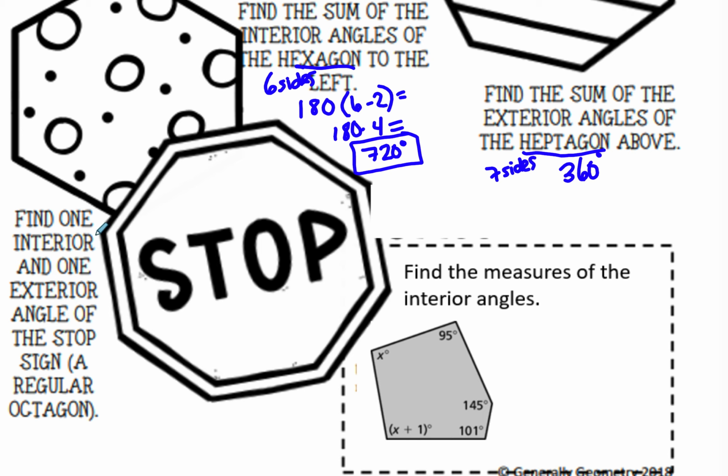Here it says find one interior and one exterior angle of a stop sign, which is a regular octagon, 8 sides. All right, we'll start with the interior.